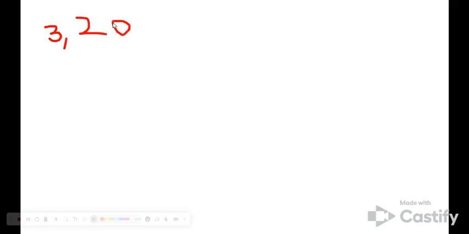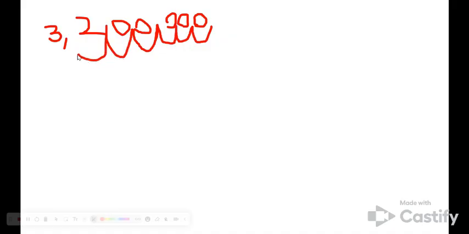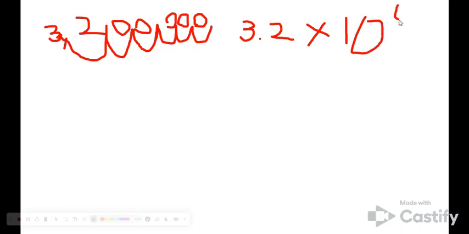The next example is 3,200,000. We count the places going this way: 1, 2, 3, 4, 5, and 6. So it is 3.2 times 10 to the power of 6.